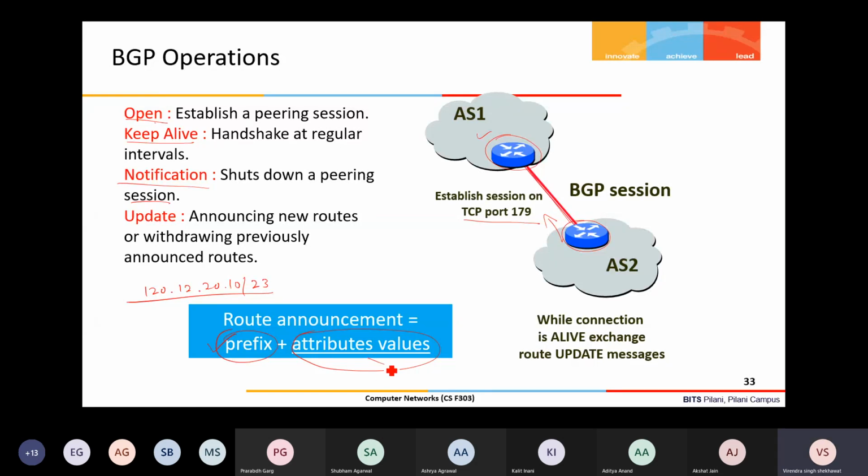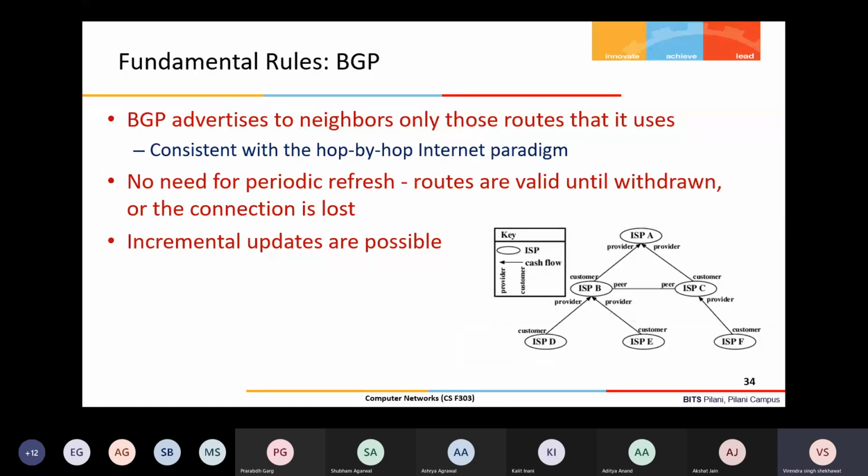And for attributes, one of the attributes I already introduced is the AS path. There are other attributes also used in BGP. There are many, some very commonly used, others very rarely used. But the AS path is one attribute that must go along with the prefix, because without it the looping problem can occur. Okay, so till now it is fine.